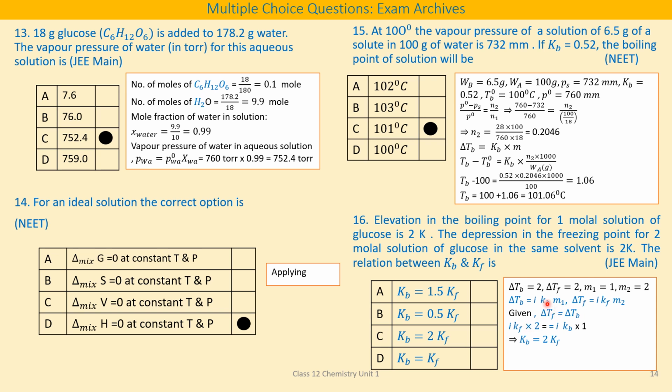So the given values are shown here. Delta Tb is equal to 2, delta Tf is equal to 2, m1 is equal to 1, m2 is equal to 2. Delta Tb is equal to i, the van't Hoff factor, into Kb into m1. Delta Tf is equal to i into Kf into m2.